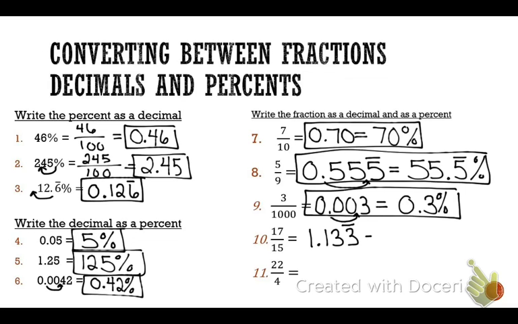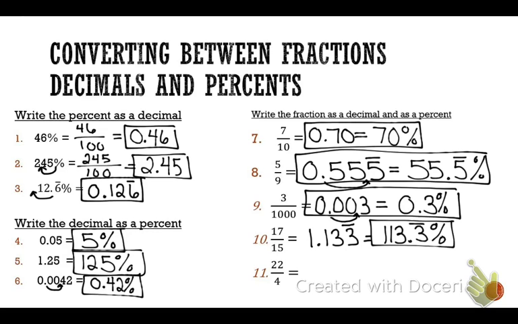Okay, that's going to help you write your percentage correctly. Go ahead and try to write your percentage. Once you have an answer, compare it with one of your neighbors sitting around you. All right, what did you guys get? 113.3 repeating percent. Did you guys remember the repeating bar? Okay. All right, what about 22 divided by 4?